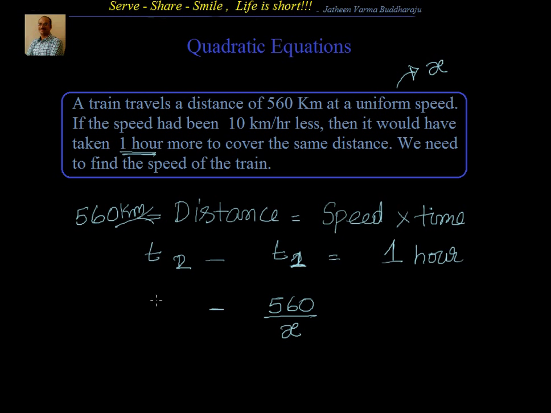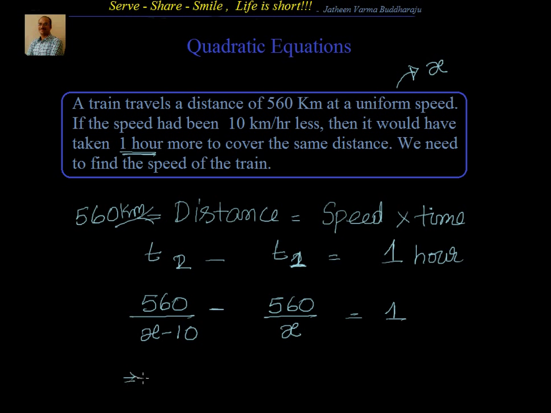Now what will be the other scenario? The other scenario, the distance is the same, but the speed is reduced by 10. That means it's nothing but now x minus 10. So the time it took when the speed was less by 10 kilometers per hour, and the time it took at the uniform speed, the difference between them is 1 hour.